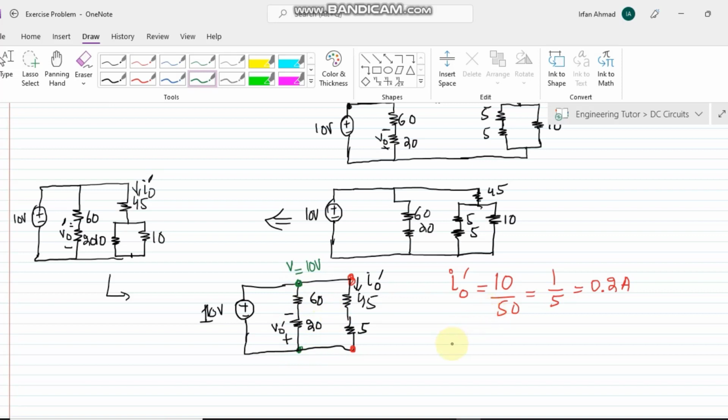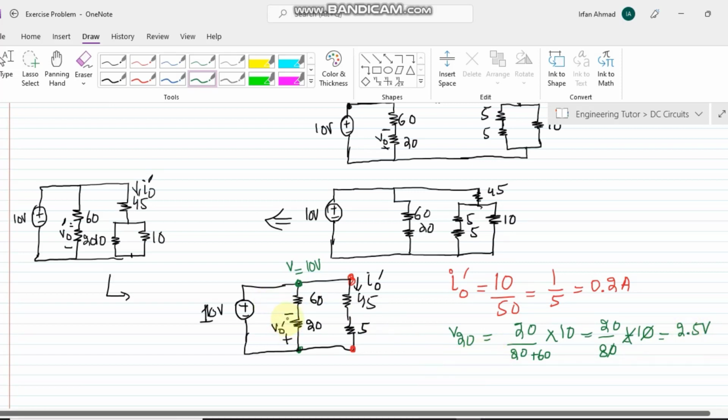These two are in series, so we can very easily apply the voltage divider law here, and the value across the 20 ohm will be 20 divided by 20 plus 60, multiplied by 10, that would be 20 by 80 multiplied by 10, and here I will get 2.5 volts. So the value of V20 is 2.5 volts.